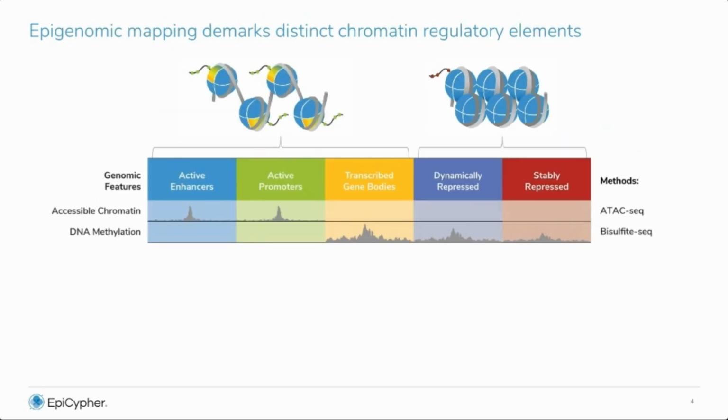Okay, so the most commonly used epigenomic mapping approaches in the field are ATAC-seq and bisulfite-seq, which look at chromatin accessibility and DNA methylation respectively. And as I said, these give us great information about chromatin regulation, but they give us a largely binary view of chromatin. And biology is not always that black and white. So for example, you can have open or accessible chromatin where genes are not being actively transcribed.